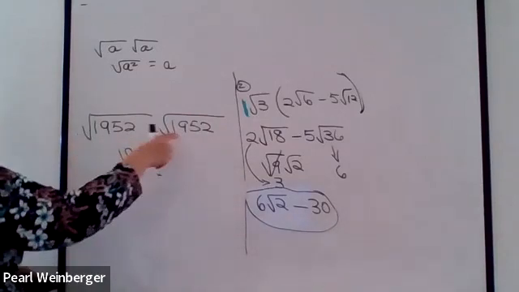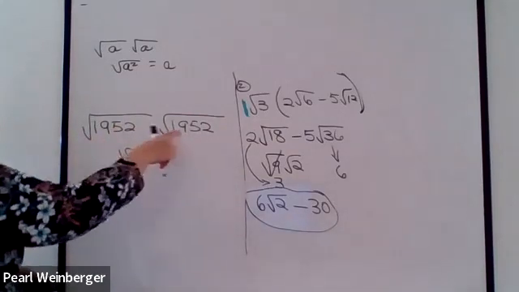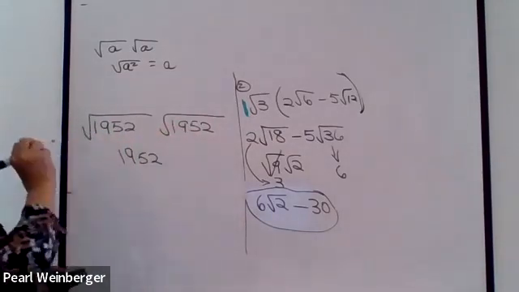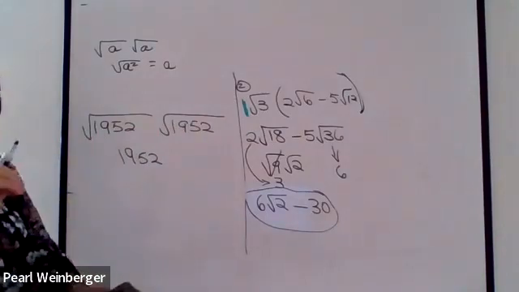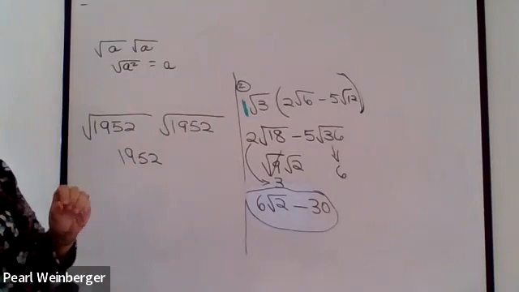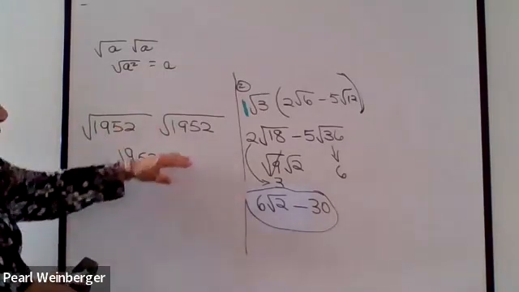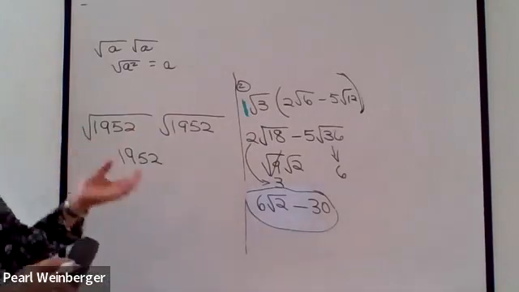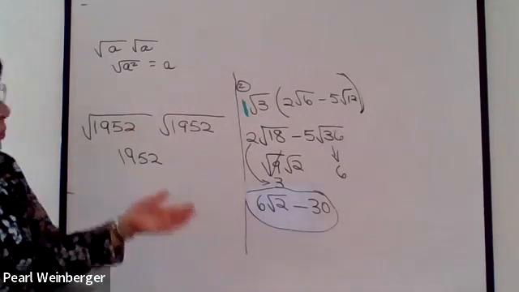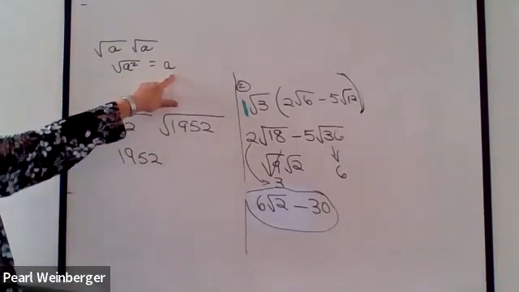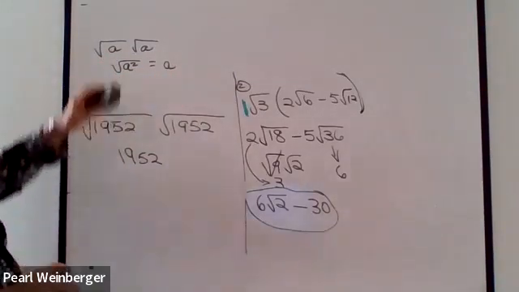Because anytime you're multiplying a square root by itself, the two numbers inside the square roots are identical, then you're really just removing the radical and getting the number without the radical. In other words, the square root of A times the square root of A is simply A as a general rule.